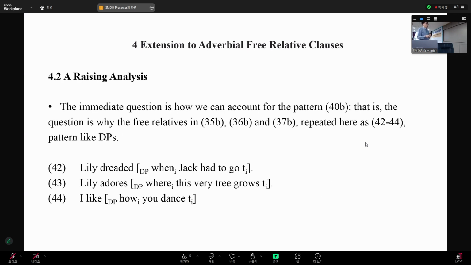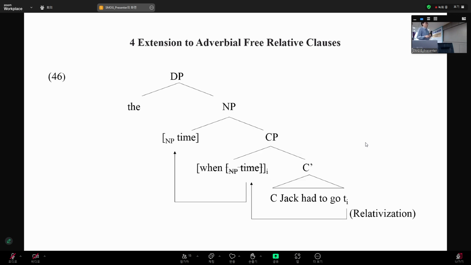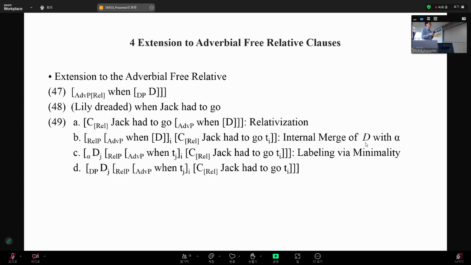And when can take time as its complement. So basically, wh-relative forms and what are not that different. They're almost the same.